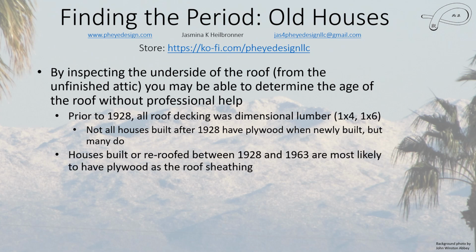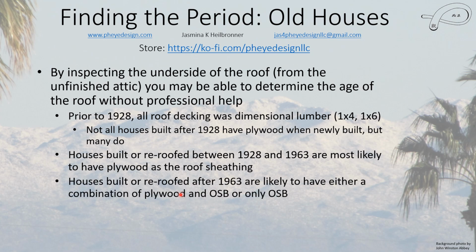So if a house was built prior to 1928, if it was built or re-roofed between 1928 and 1963, most likely the entire roof will have plywood sheathing, because that was the cheaper thing and it was good quality. I mean, most of it was anyway. But houses built or re-roofed after 1963 are very likely to have a combination of plywood and OSB, or only OSB.